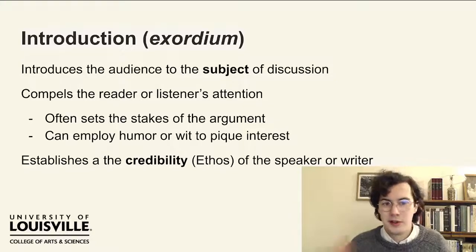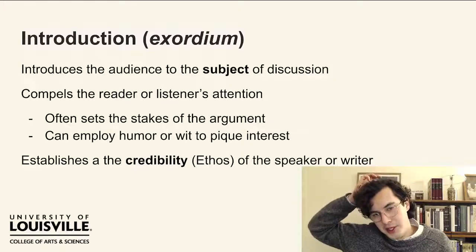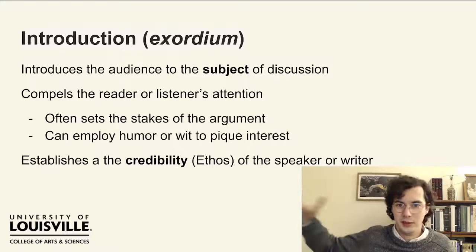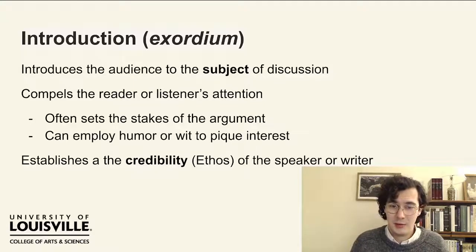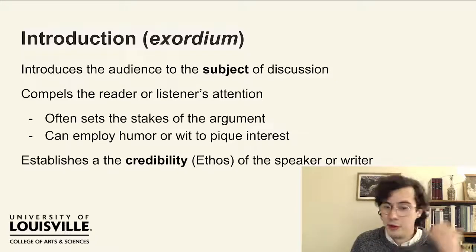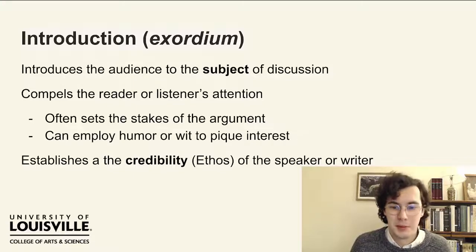If we think to Jonathan Swift's Modest Proposal, in which he offers a solution to poverty and to food shortages in Britain by suggesting that people eat the babies born in the city. He's already starting his essay off with a bit of humor and wit by calling it a modest proposal.